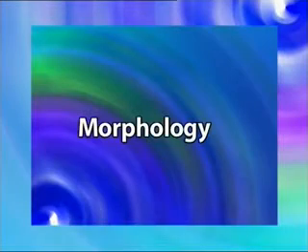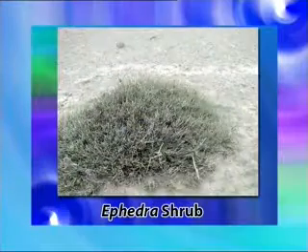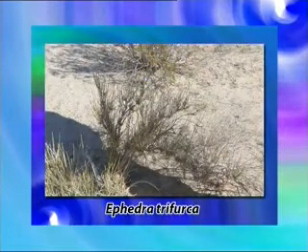Now, morphology of Ephedra. Most species of Ephedra are scraggly, profusely branched shrubs. Some are vine-like, commonly climbing over vegetation. Many species spread by rhizomes from underground buds, for example Ephedra trifurca.